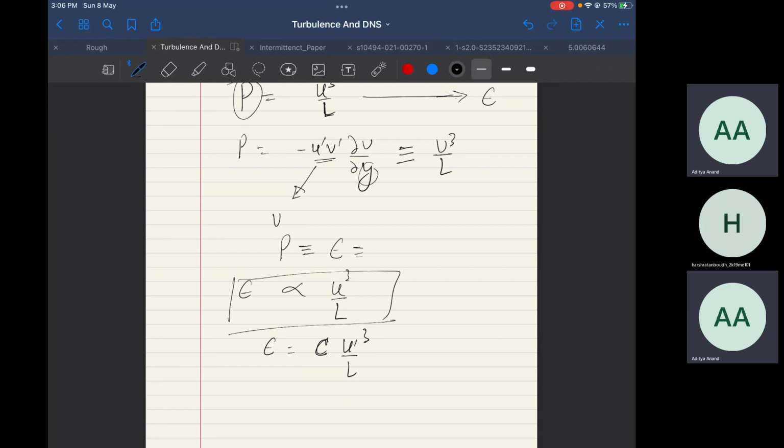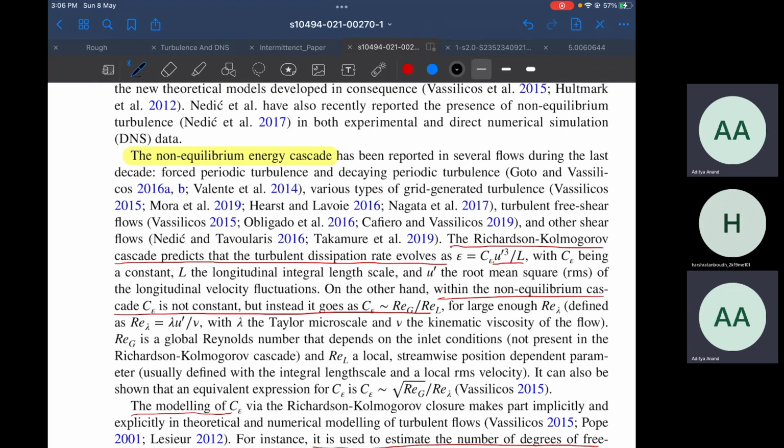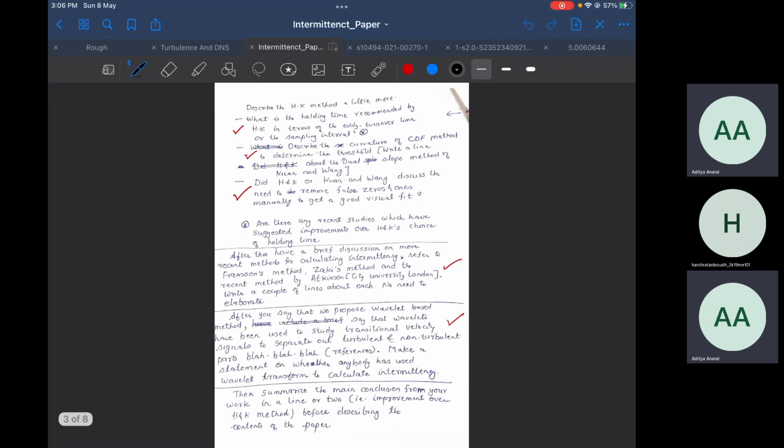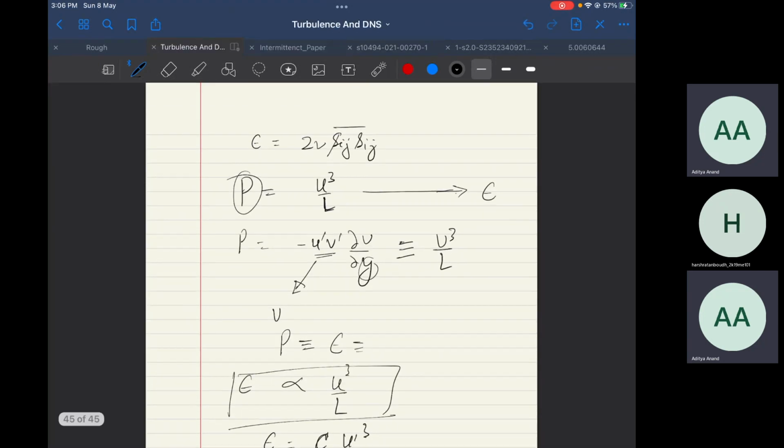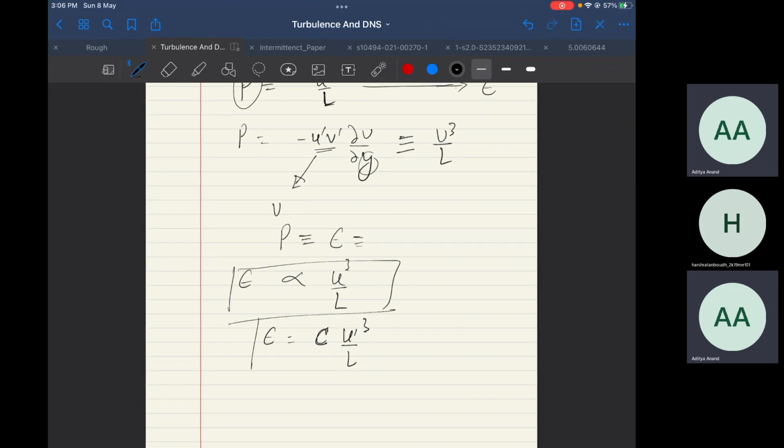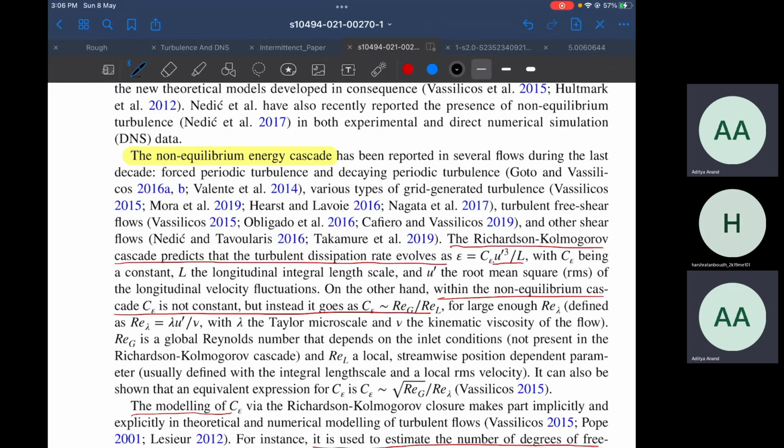This is constant for high Reynolds number flows. When you have enough scale separation between the small and large scales, this equation holds. But at lower Reynolds numbers, we see that there is some Reynolds number dependence. That is what they have looked at and quantified.